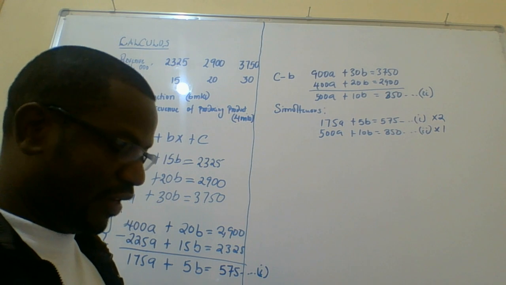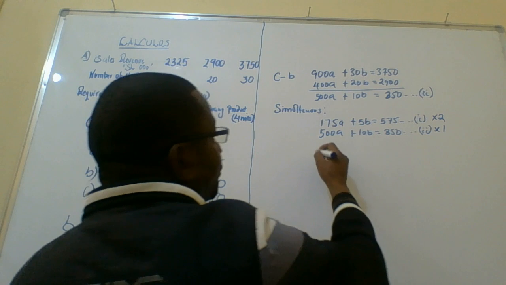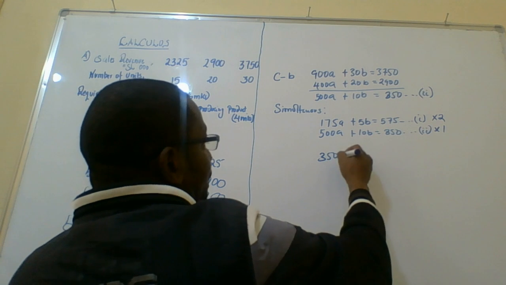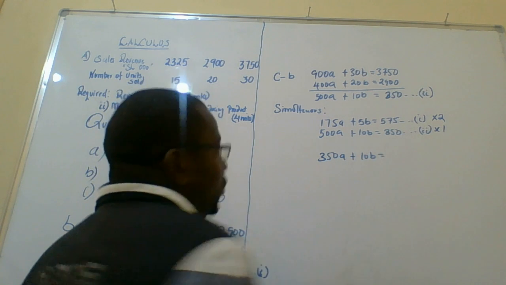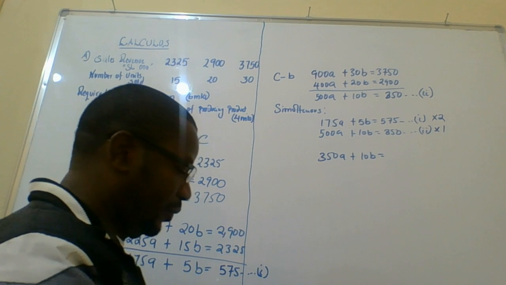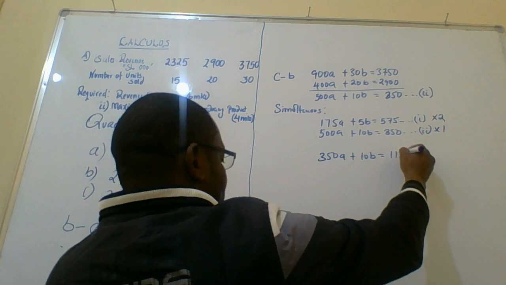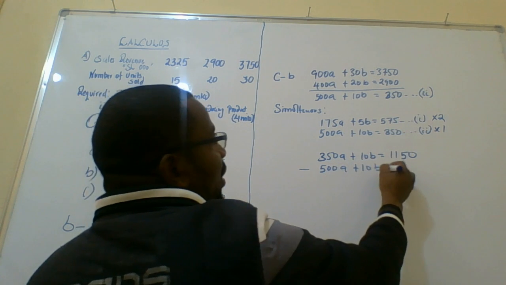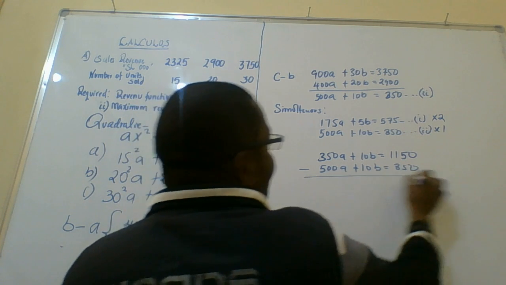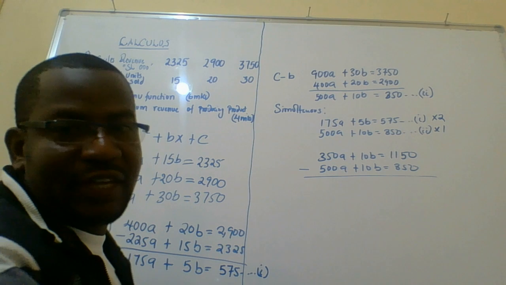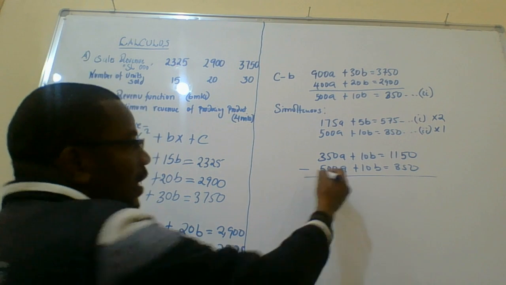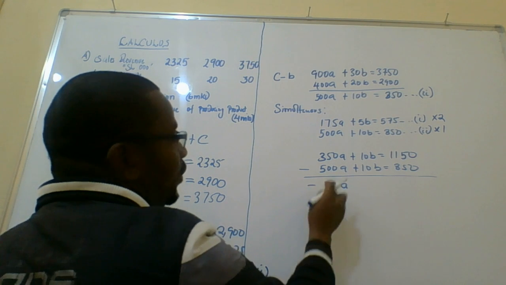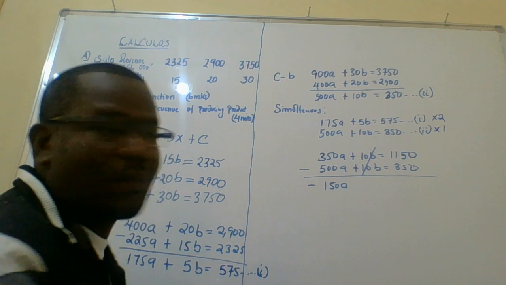Therefore, 175 by 2, we are having 350A plus 10B equals 1150, from which we shall subtract 500A plus 10B equals 850. 350A minus 500A is negative 150A. The B goes, it is 0.